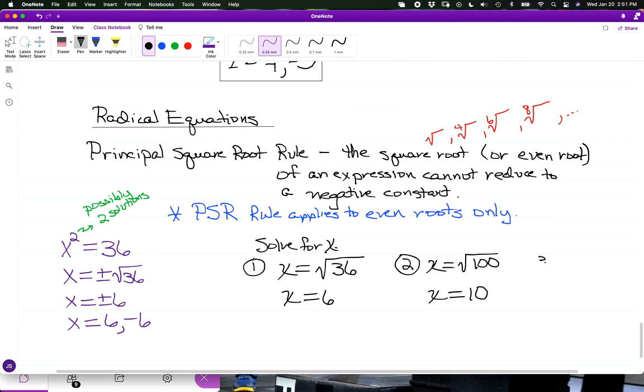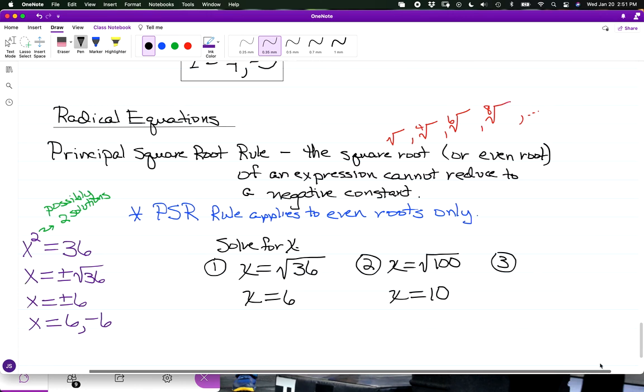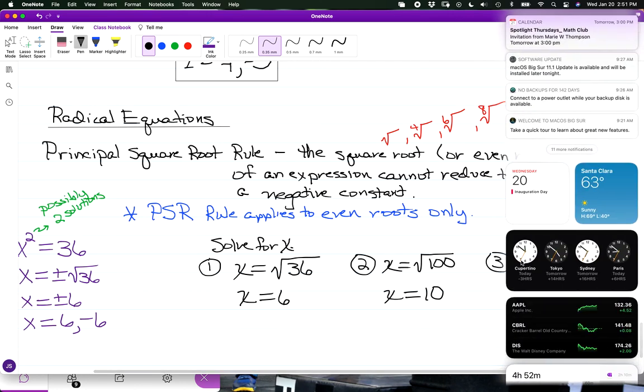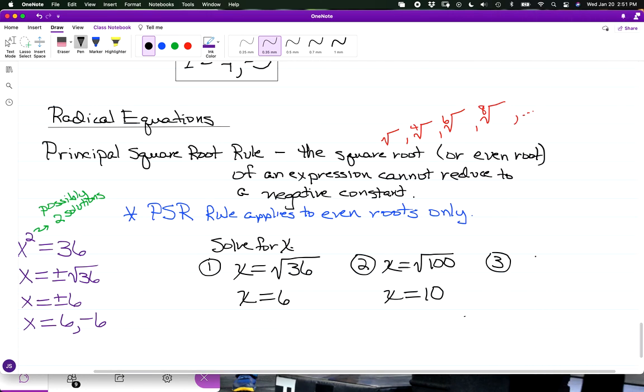And let's say that if we have x in the square root, so you have the square root of x plus 4 is equal to 7.